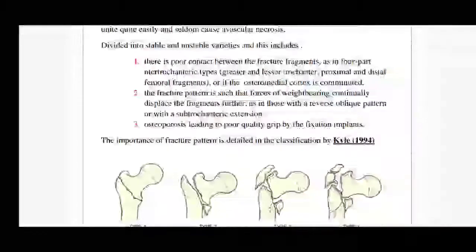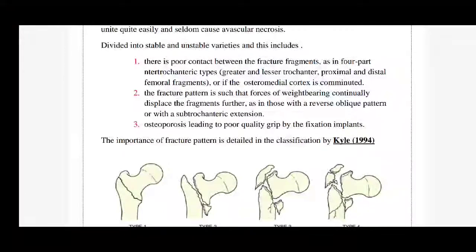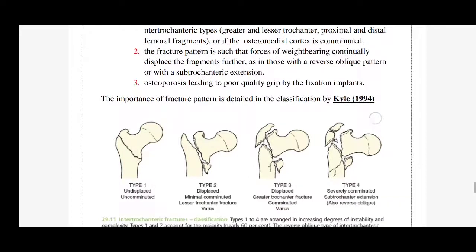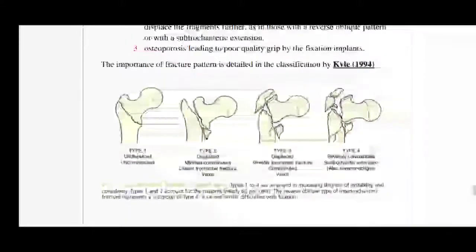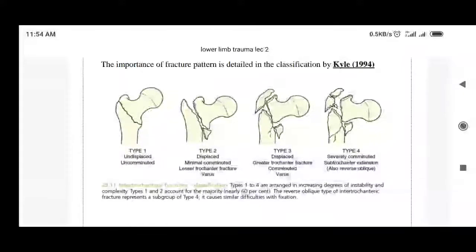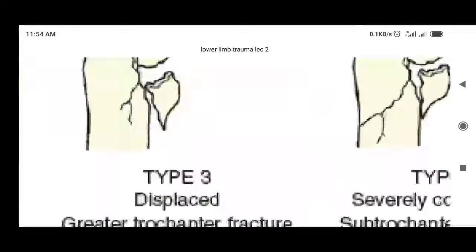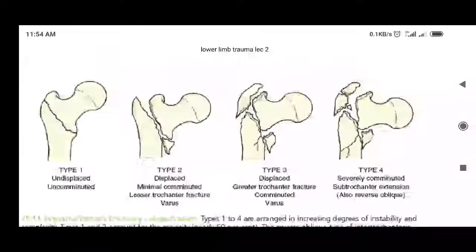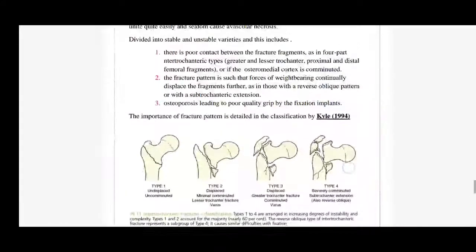Type 2, the fracture pattern is such that the force of weight bearing continually displaces the fragment, especially in reverse obliquity. By reverse obliquity I mean the fracture site begins at the lesser trochanter and runs lower down. This means the muscle action will displace it more. This means unstable fracture.